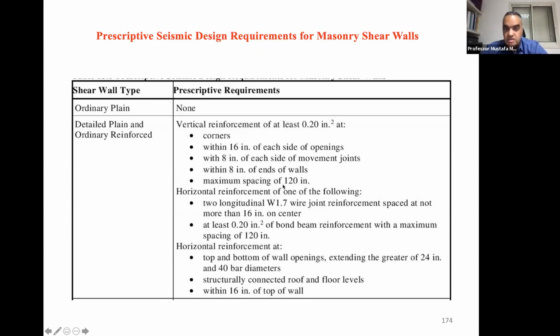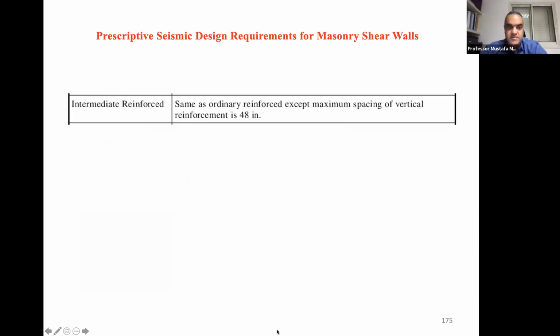Okay, that's an ordinary wall. Horizontal reinforcement of one of the following: 2 longitudinal W1.7 wire joint reinforcement, spaced at not more than 16 inch on center, at least 0.2 inch square, etc. So we have those prescriptive requirements.